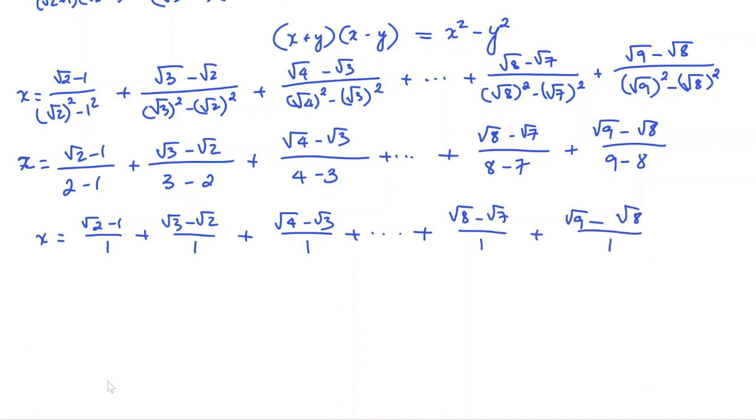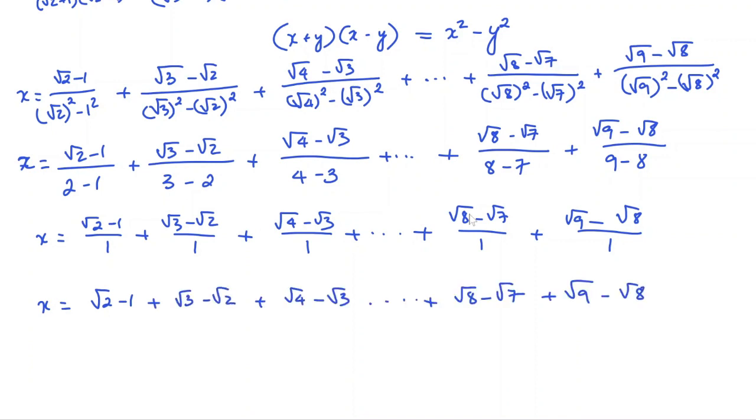We have square root 8 minus square root of 7 over 1 and plus square root 9 minus square root 8 over 1. Then the denominators are the same, 1, so x is going to be equal to square root 2 minus 1 plus square root 3 minus square root 2 and so on. So now you see that there is something we can cancel out. Square root 2 minus square root 2, square root 3 minus square root 3, square root 4 minus square root 4 over here. We have square root of 8 and negative square root of 8.